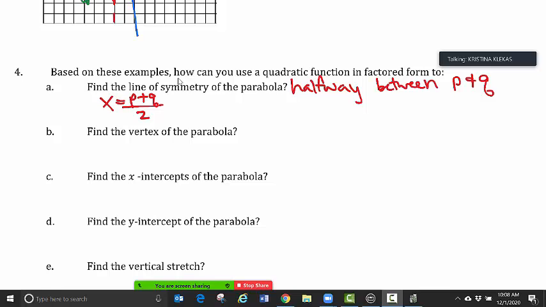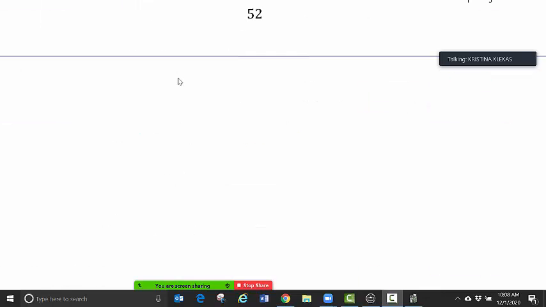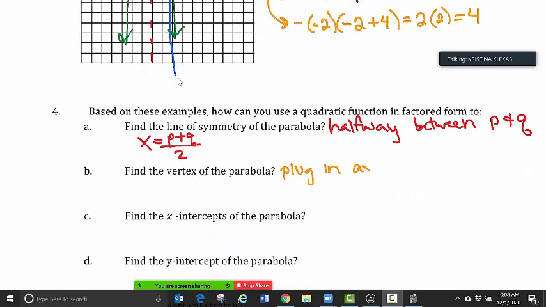Okay, we know that the vertex is, I'm going to plug in the axis of symmetry to solve for y. So it's going to be ((p plus q) divided by 2, f((p plus q) divided by 2)).